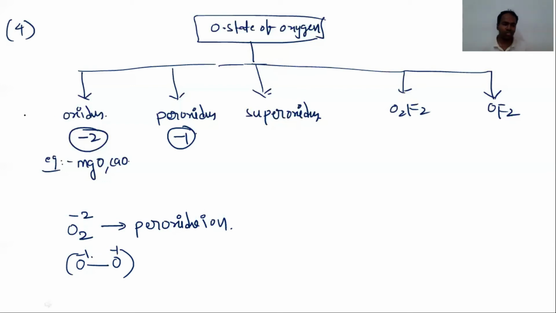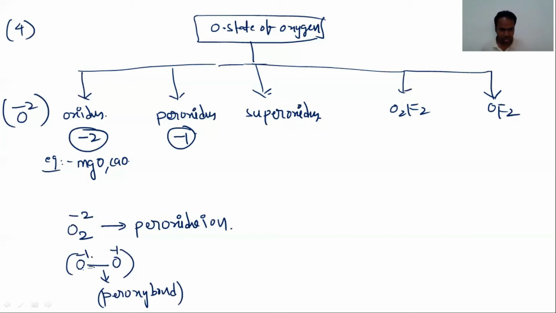What is the oxide form? O-2. The valency of oxygen is 2, the oxidation number of oxygen is -2. So if you take oxygen individually, that is -2. But when the same oxygen is involved in making the peroxy bond, then the oxygen oxidation state is -1, because this bond is formed between two similar atoms.